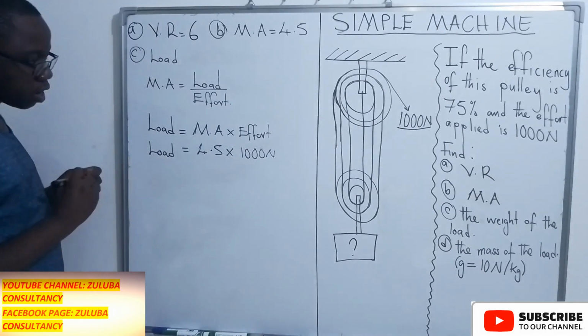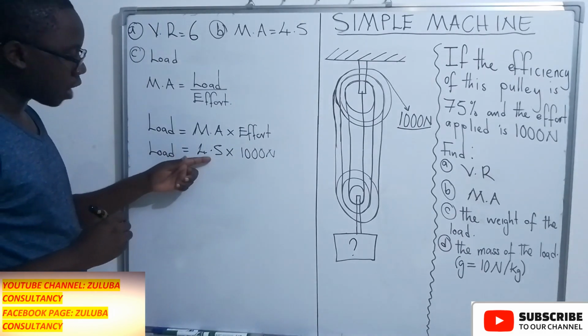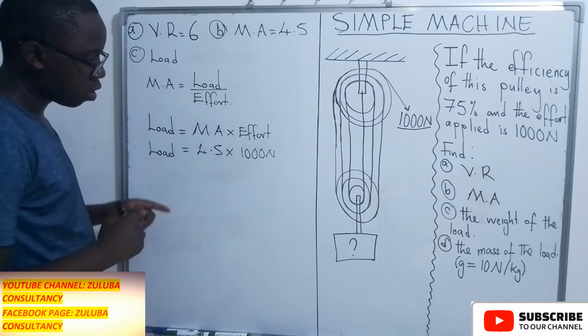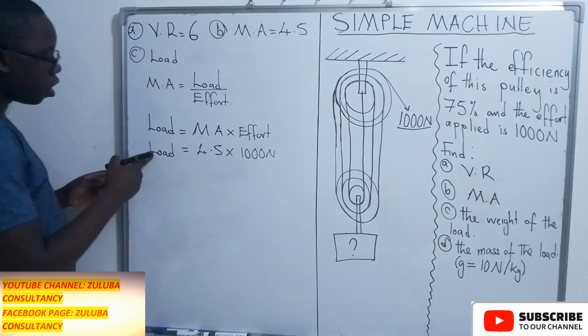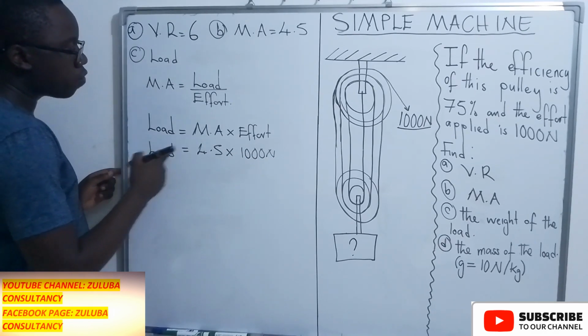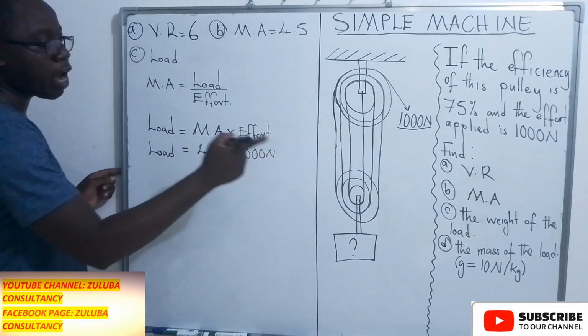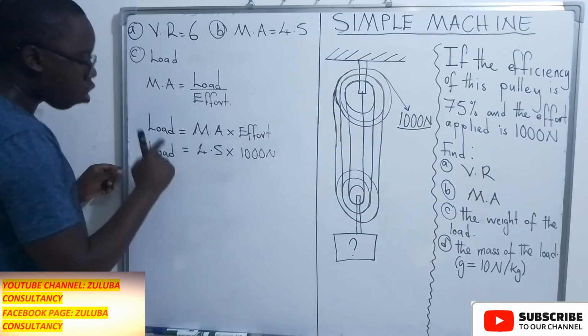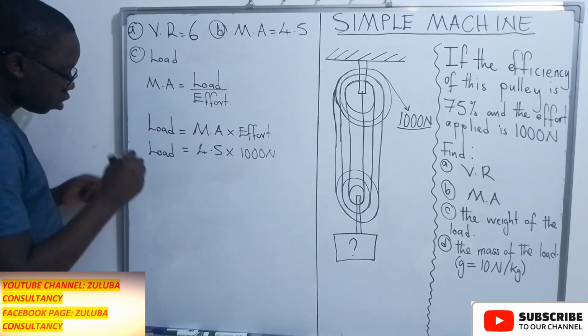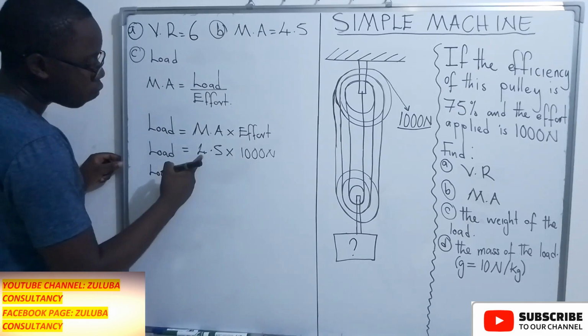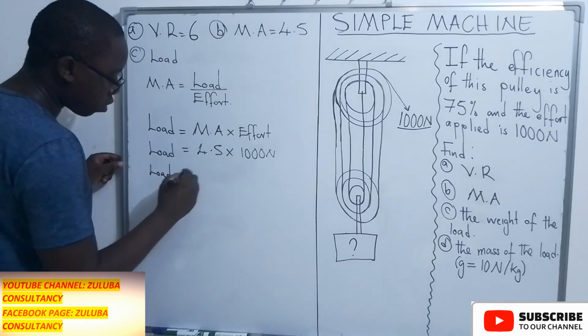Now you can see that the mechanical advantage has no unit, while the effort has the unit. This simply means the load will have the unit also of newtons, because we are calculating the weight of this load. So load will be equal to 4.5 multiplied by 1,000.